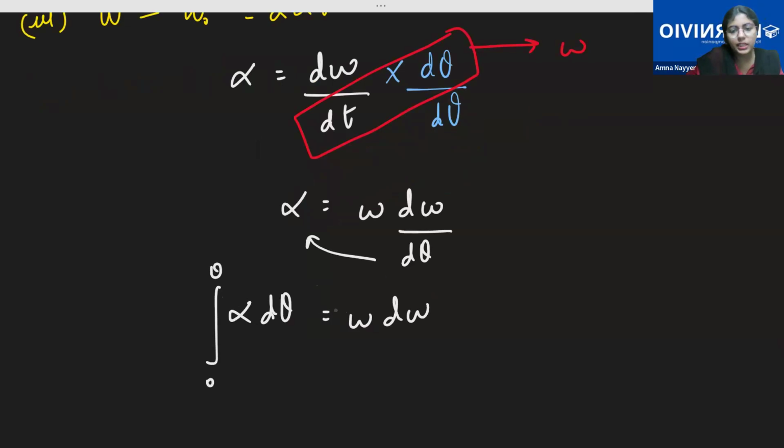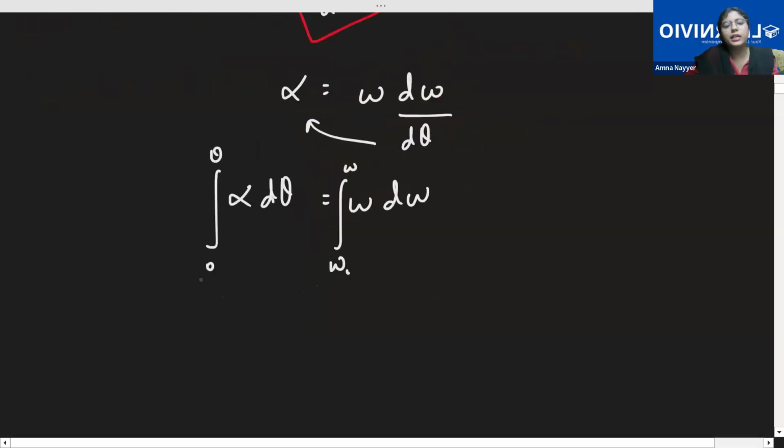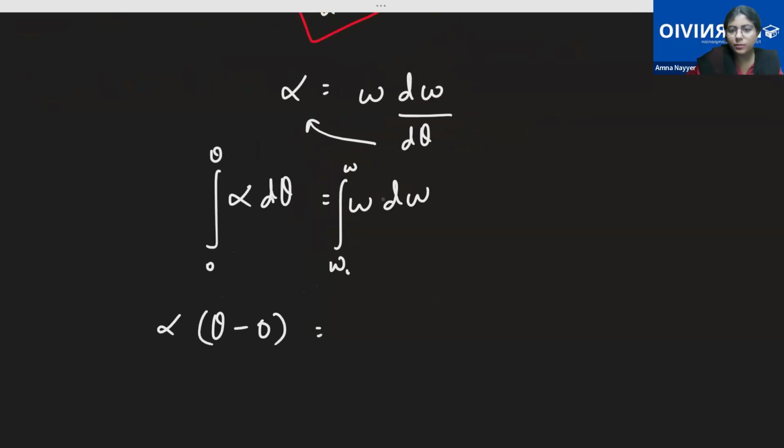Now integrate from 0 to theta, and this is from your initial omega naught to omega. Alpha comes out, this becomes theta minus 0 equal to omega square by 2 from omega naught to omega.